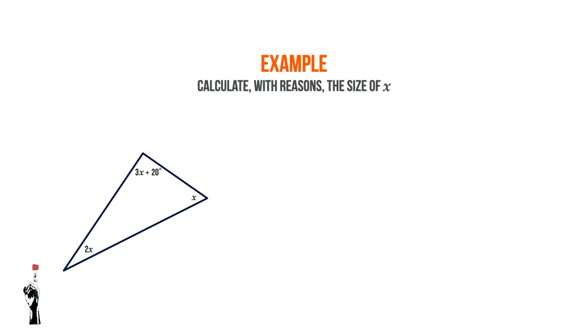But now I see that all three of my angles actually has an X in them. So I have unknowns in all of my angles. Now I know that all three of these angles has to add up to 180 degrees. I have a theorem for that. So I can say I know that 3x plus 20 degrees, that is my one angle, plus my second angle, which is 2x, plus my third angle, which is x, has to equal 180 degrees.